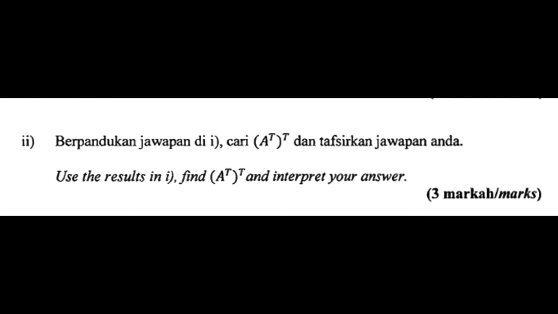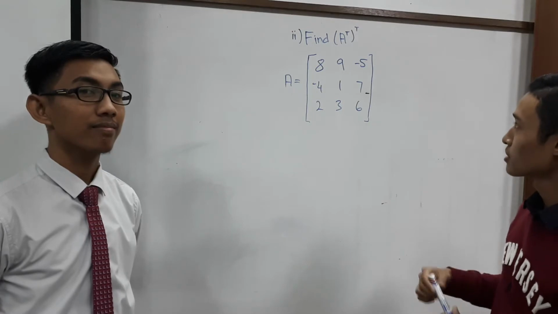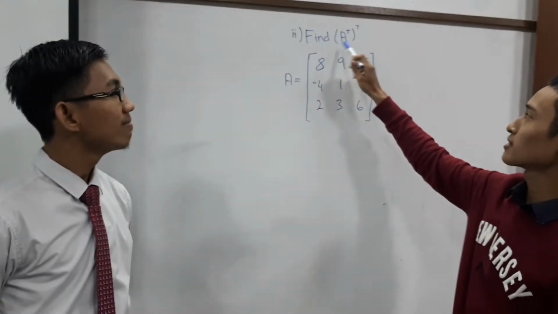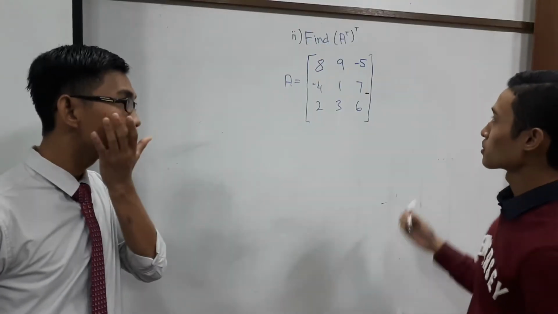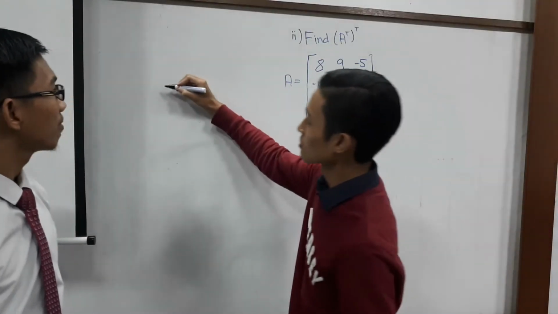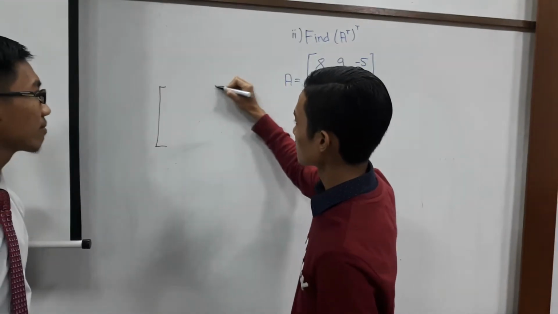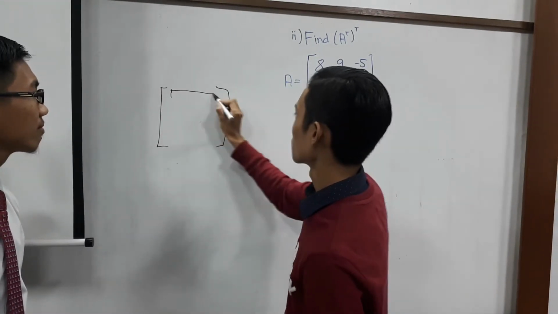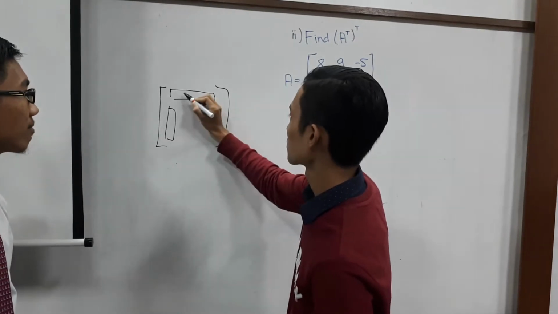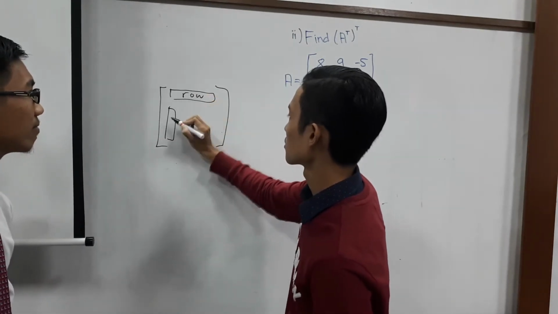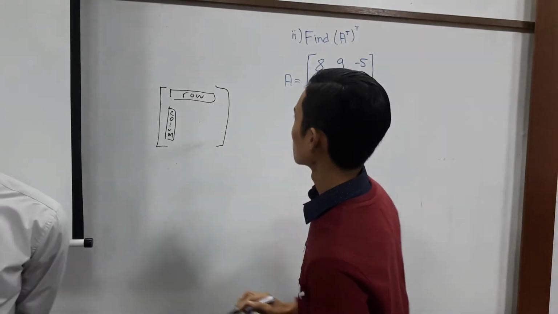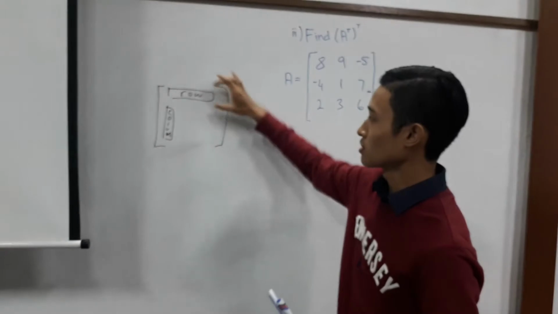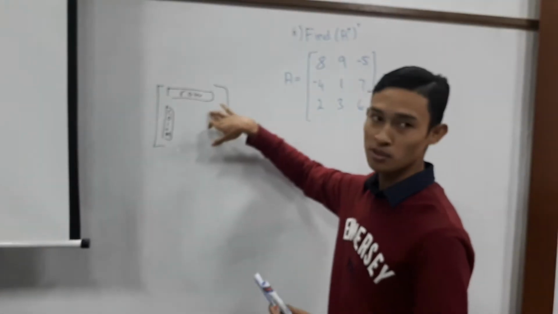Okay, for question 1A Roman, this question asks you to find A transpose. So for matrix transpose, we must know that for transpose, the row becomes a column and the column becomes a row.